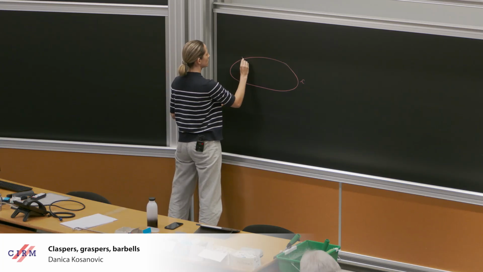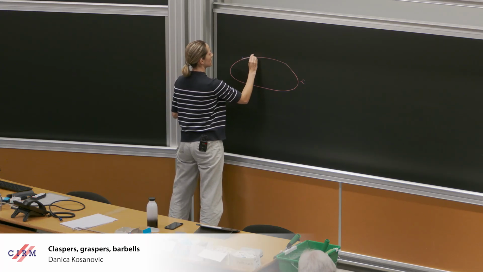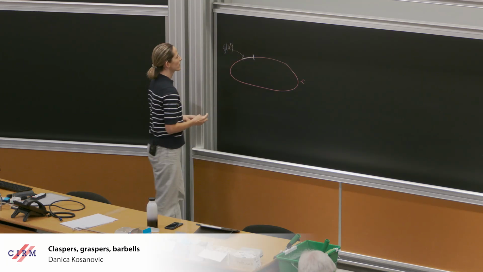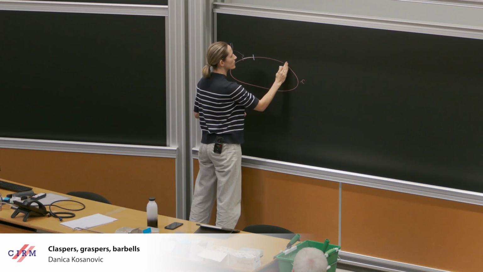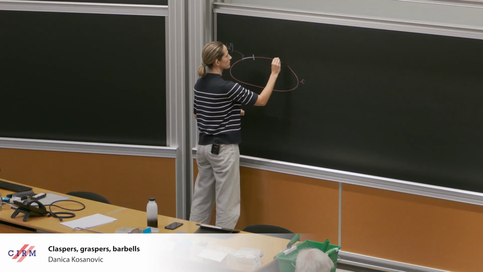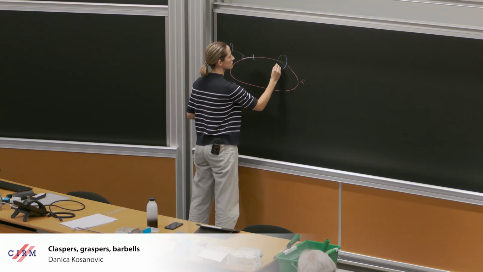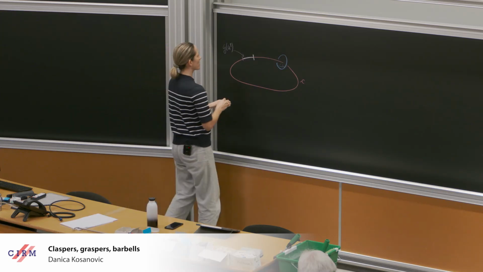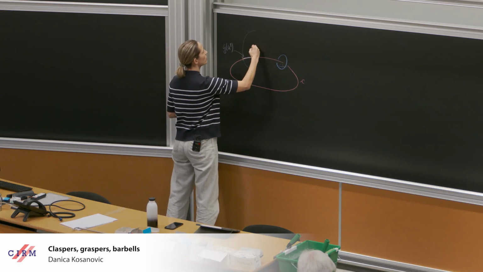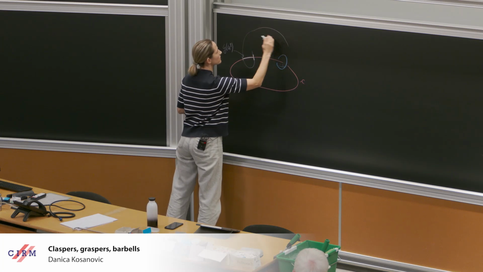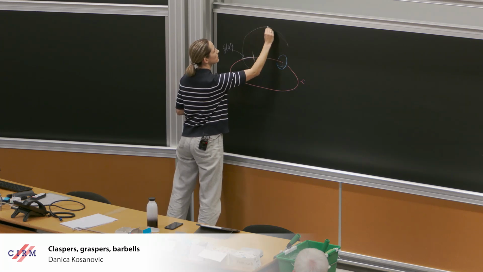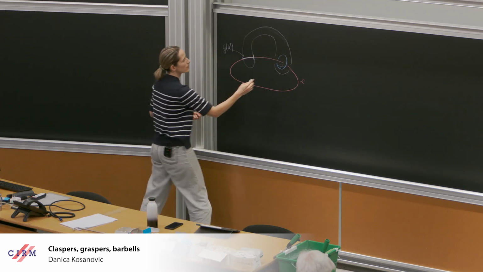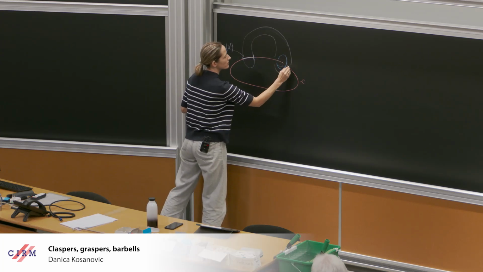So here is what G of U1 is. Okay? And somewhere else I have a meridian, which is this blue sphere. Okay? So Grasper will really be like a 4-ball that intersects here and here, something like this, where like this U2 is basically removed.